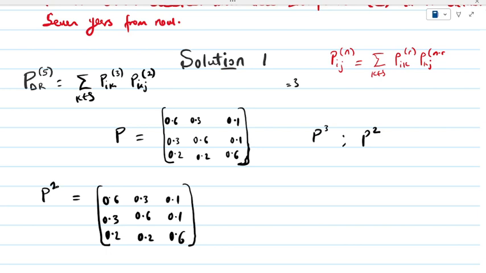We have 0.6, 0.3, 0.1; 0.3, 0.6, 0.1; 0.2, 0.2, 0.6.